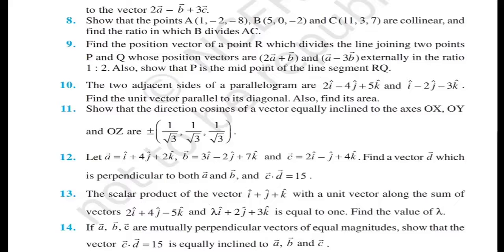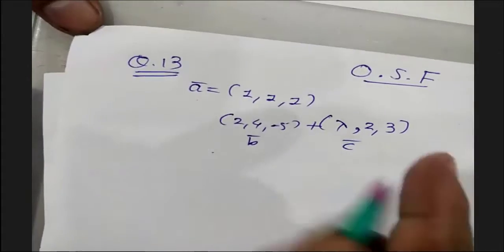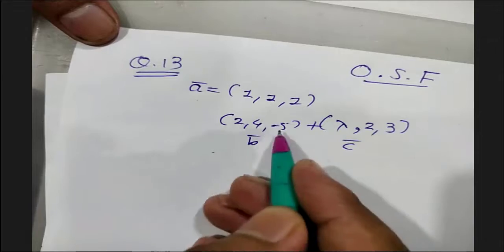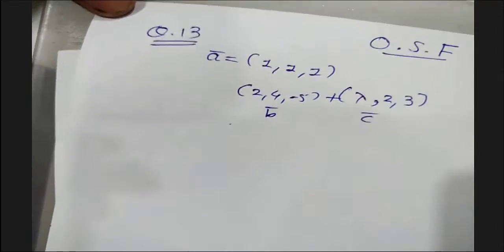Let's give the names A bar, B bar, and C bar. They said the scalar product of A bar with the unit vector is equal to 1. So let A bar be (1, 1, 1), B bar be (2, 4, -5), and C bar be (λ, 2, 3).